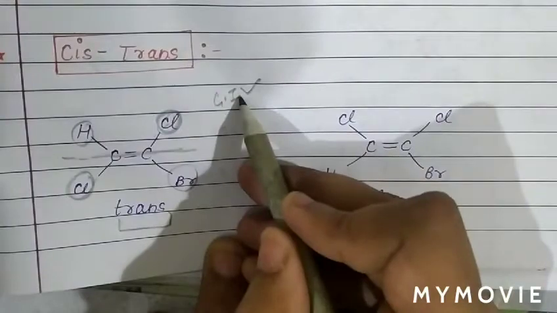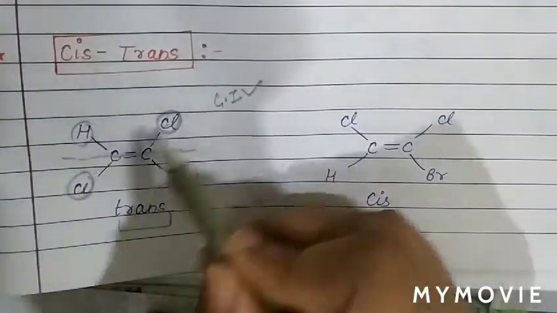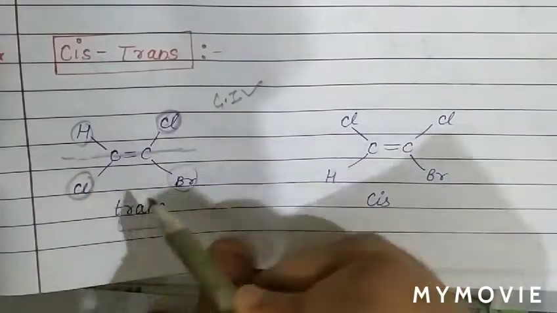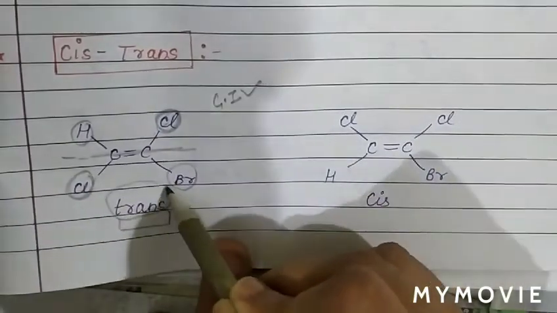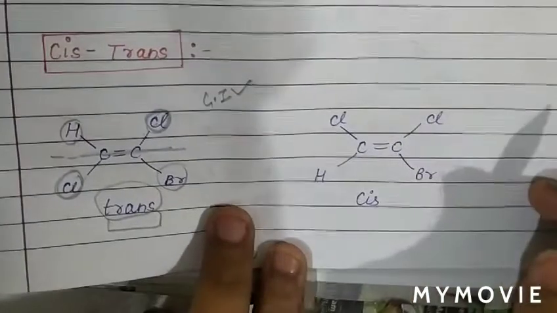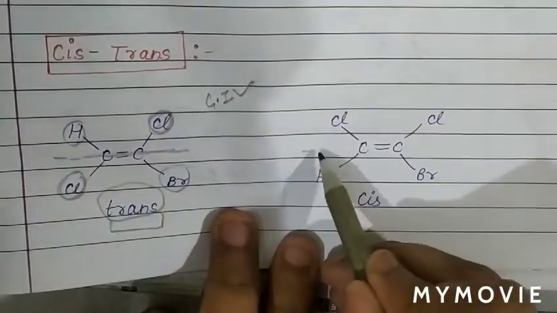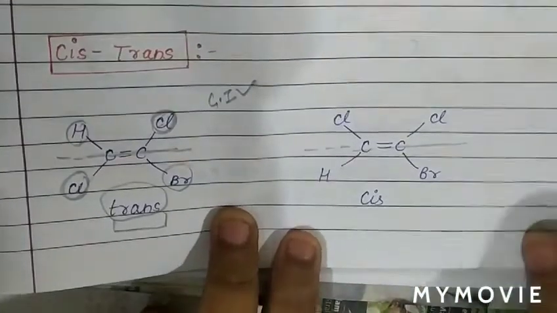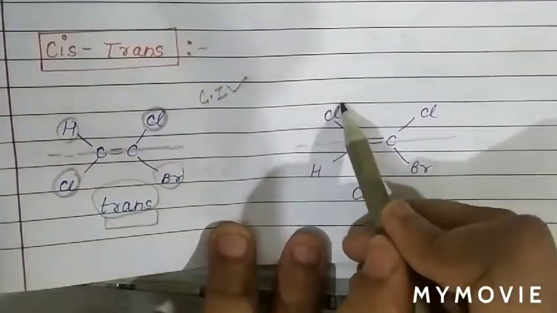In geometrical isomerism, if two same atoms lie on the opposite side of the plane, then we call this isomer the trans isomer.